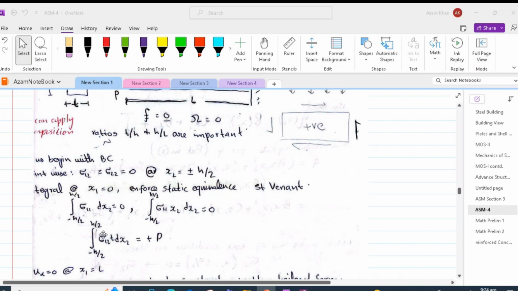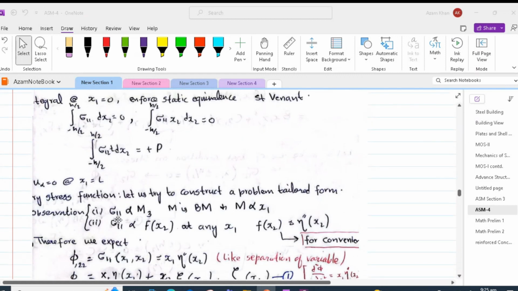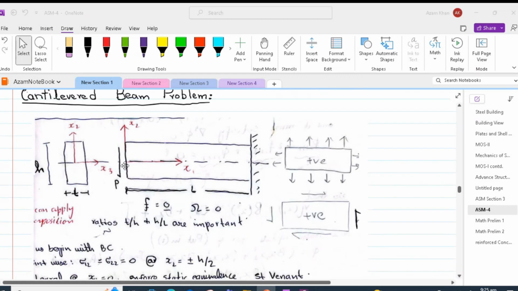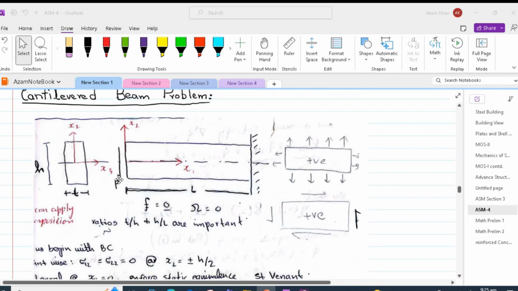Using these above boundary conditions, we can set out the framework for our stress function, and then after that we can apply the additional boundary conditions and get the constants. So according to these boundary conditions, one thing is clear, that the stress sigma 11, which is the axial stress in the x1 direction, is proportional to the moment M3, and that is the definition of a flexure moment.